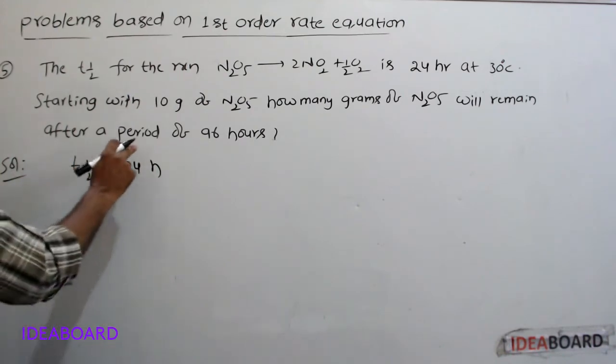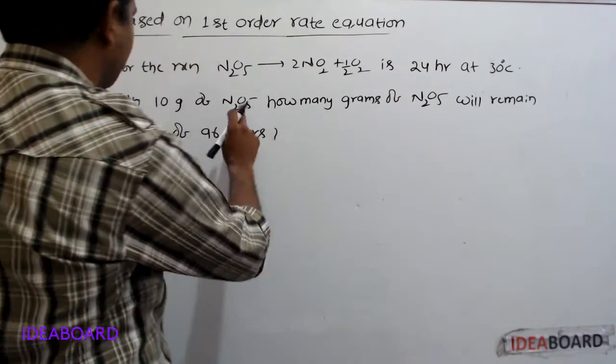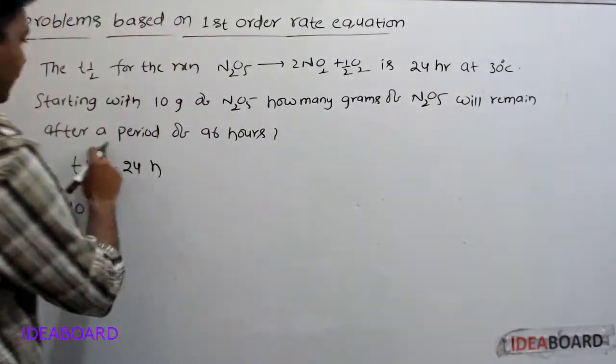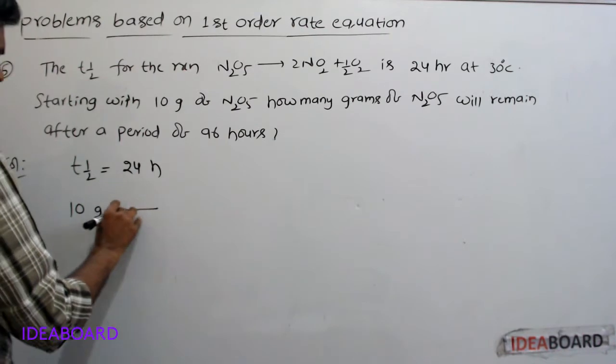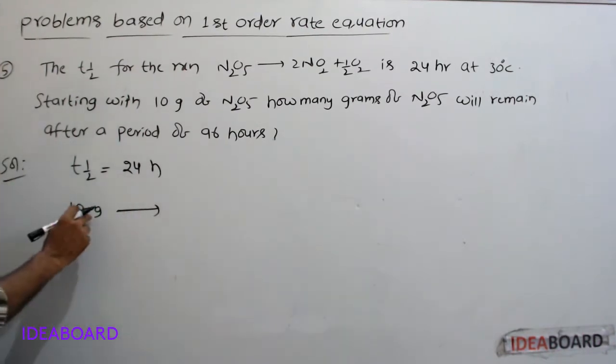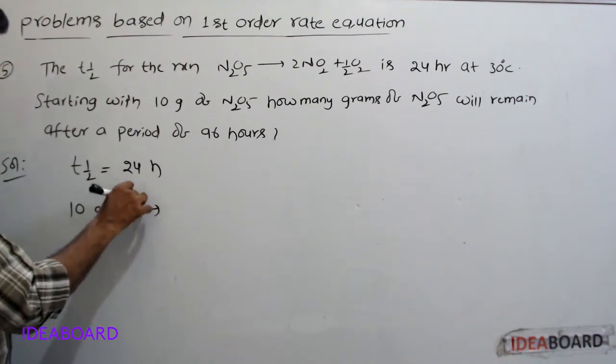Now we should calculate how many grams of N2O5 will remain after a period of 96 hours. Initially 10 grams is taken. Its half-life period is 24 hours.